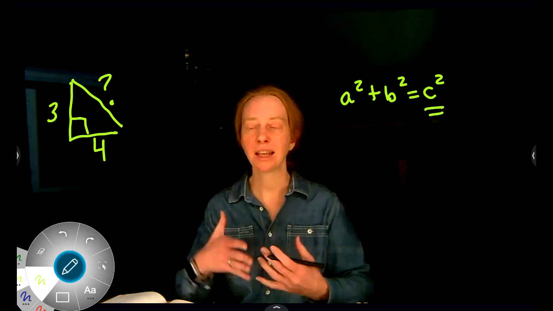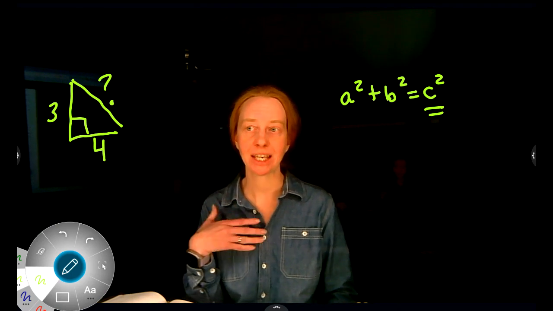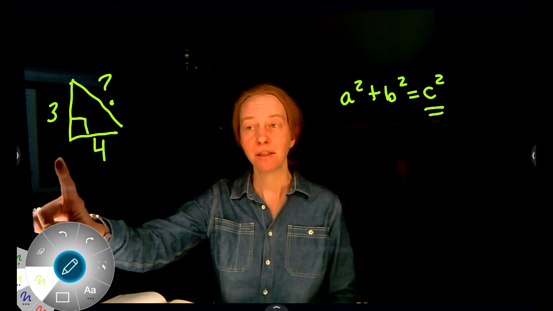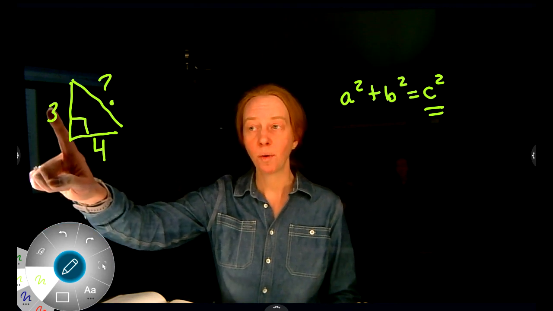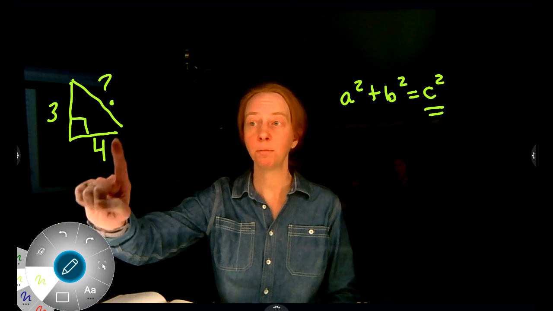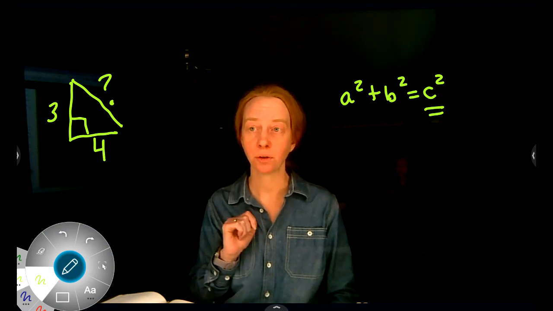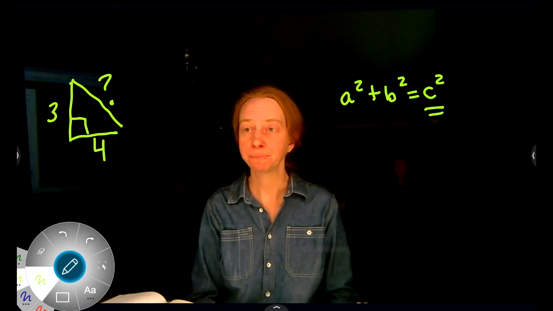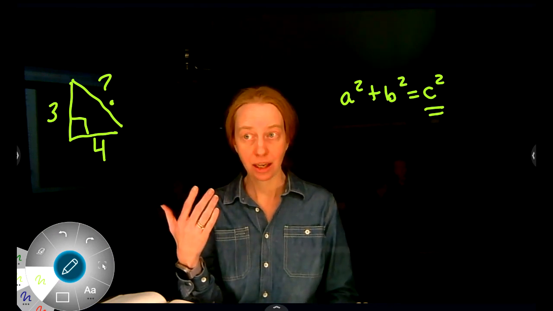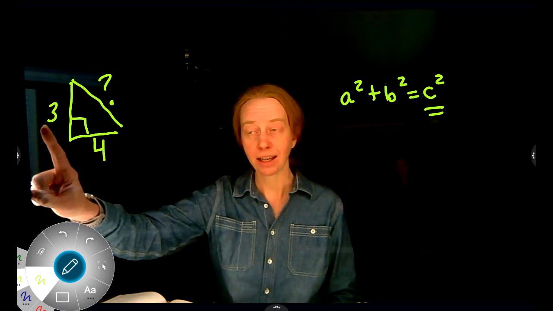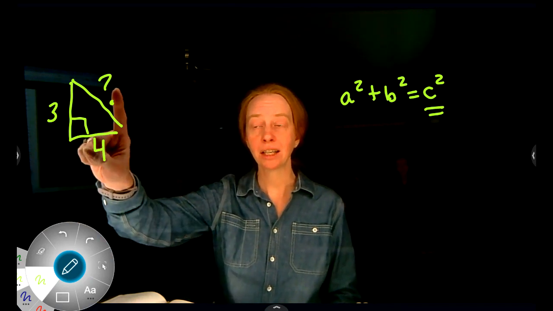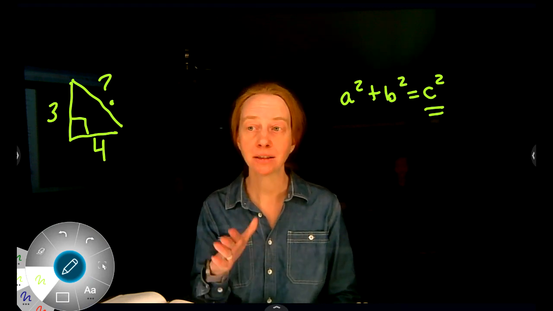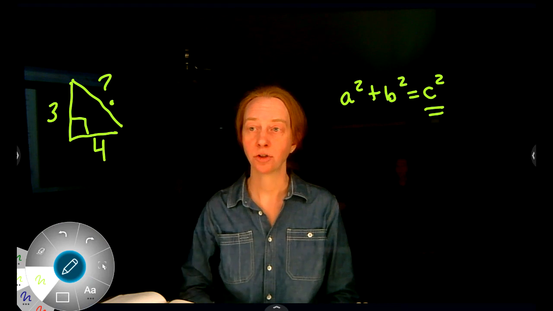So we could say that the official Pythagorean theorem is if you have a right triangle, then leg squared plus leg squared equals hypotenuse squared. So if we turned that around and said the converse, we would say if leg squared plus leg squared equals hypotenuse squared, then the triangle must be a right triangle.